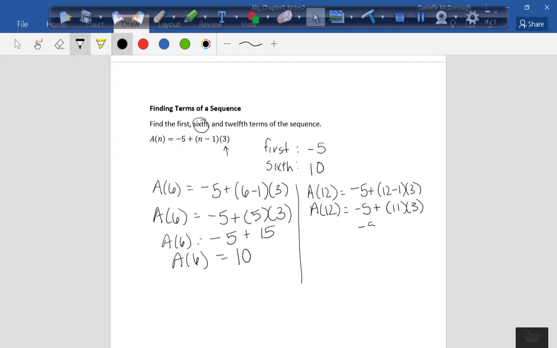We have to multiply first, so -5 plus 33. So the function of 12, if I add these together, I'm going to get 28. And so the 12th term of the sequence is 28.